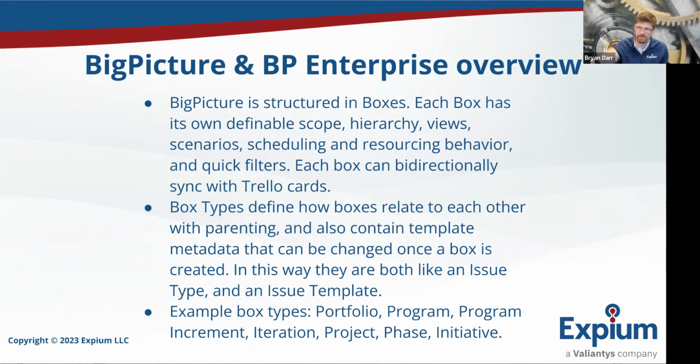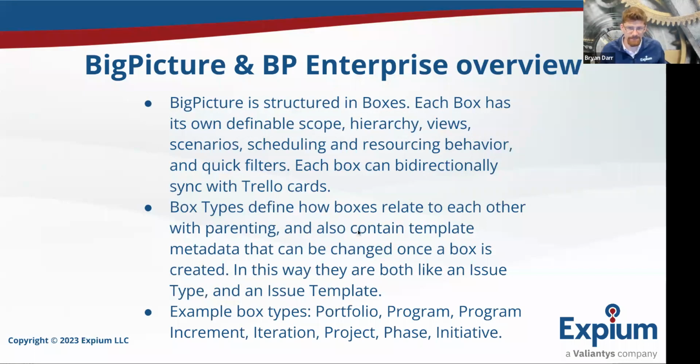You can have multiple phases rolling up into a project. And then each of those phases has its own definable scope and information and views and that kind of stuff. In this way, boxes are both like an issue type and kind of like an issue template. Example box types include portfolios, programs, program increments, iterations, projects, phases, and initiatives.